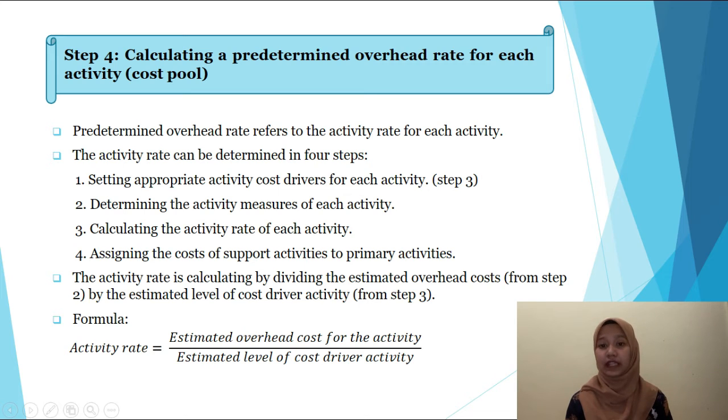Second, we must determine the activity measure of each activity. The third is calculating the activity rate of each activity. And the last is assigning the cost of support activities to primary activities.